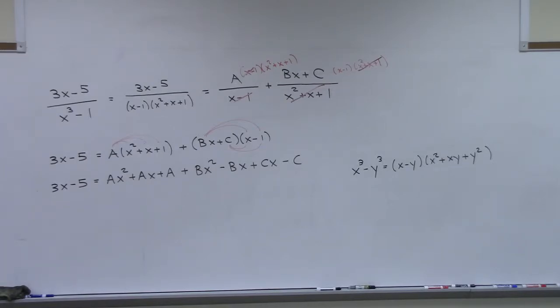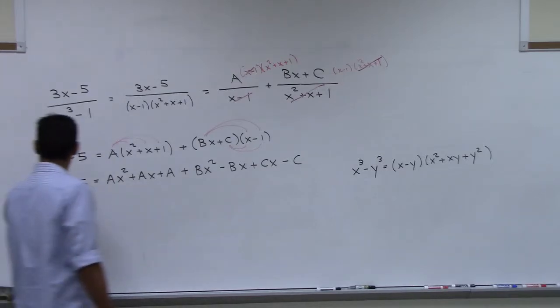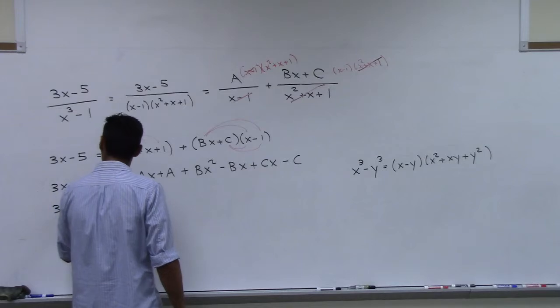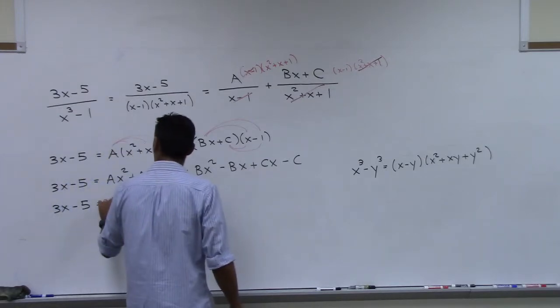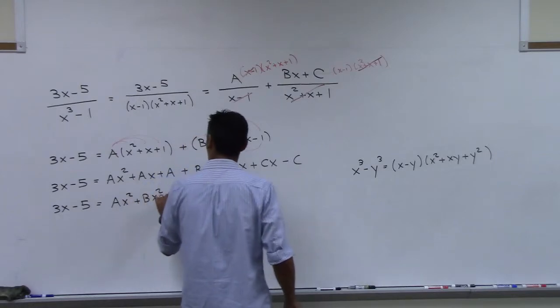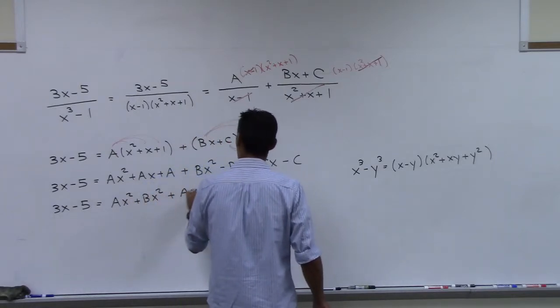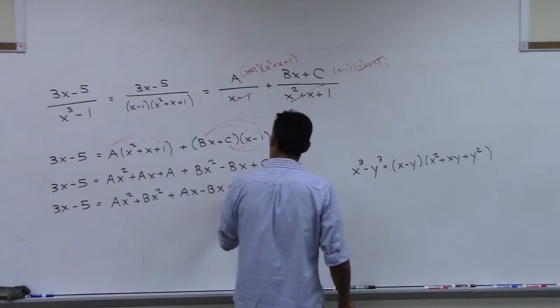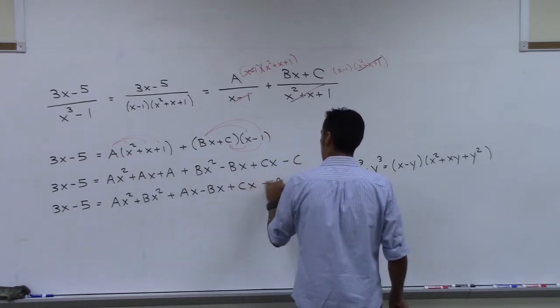Now what? Group them up, right? Group them up, and then we'll factor. So 3x minus 5 equals, I've got ax squared plus bx squared plus ax minus bx plus cx plus a minus c.